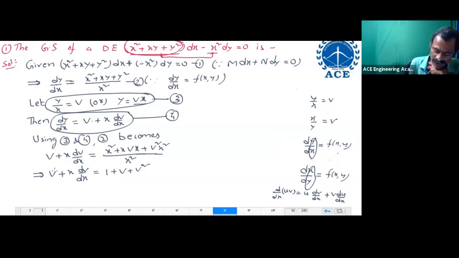On both sides we have the same term with the same sign, v. These two get cancelled. After cancellation, right hand side will be only function of v, left hand side only function of x. So variables are separable. Which implies after rearrangement, we get the integral of 1 by 1 plus v square dv equal to integral of 1 by x dx plus c. This gives our general solution.